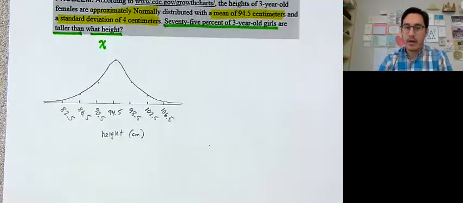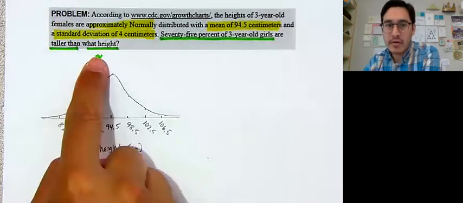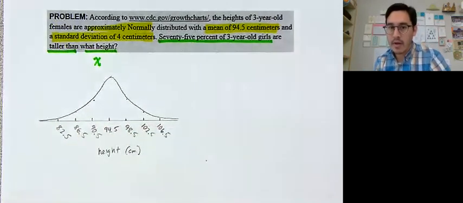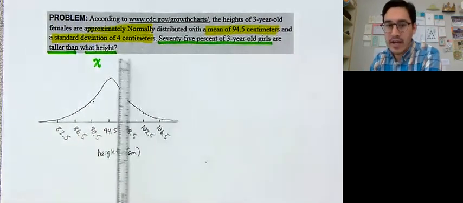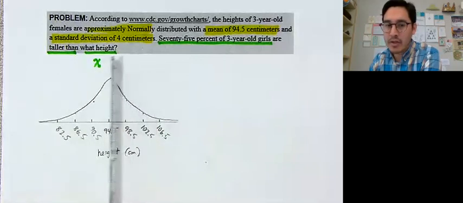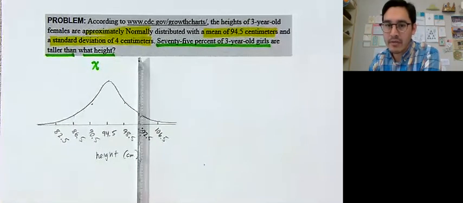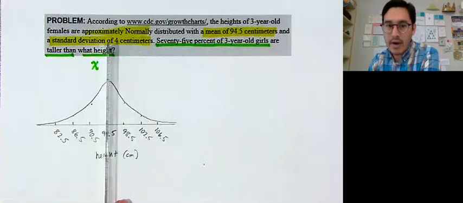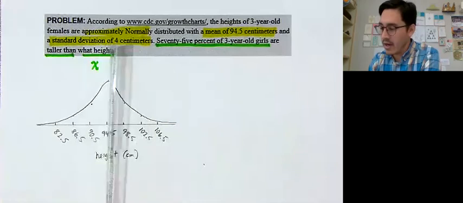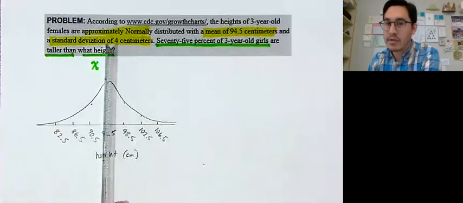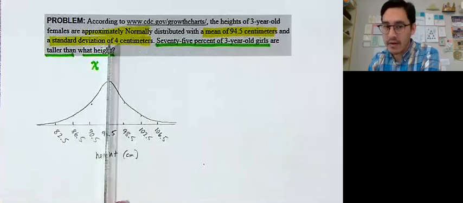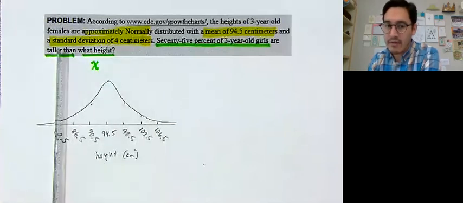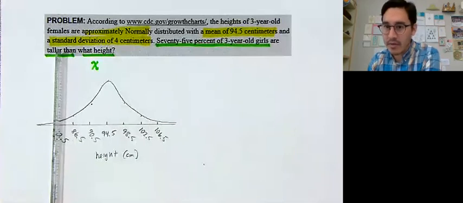All right. So there's some mystery height somewhere here. And all we know is that at that mystery height, 75% of girls will be taller than it. So I know that right here, at 94.5, 50% of girls are taller than that height. If I went down here, 82.5, I know that'd be like 99 point something percent of girls are taller than that height.